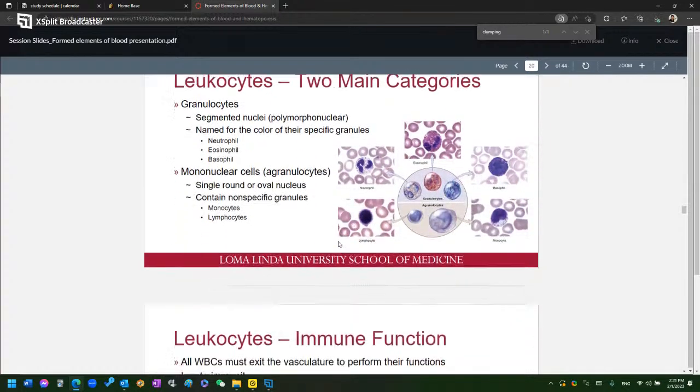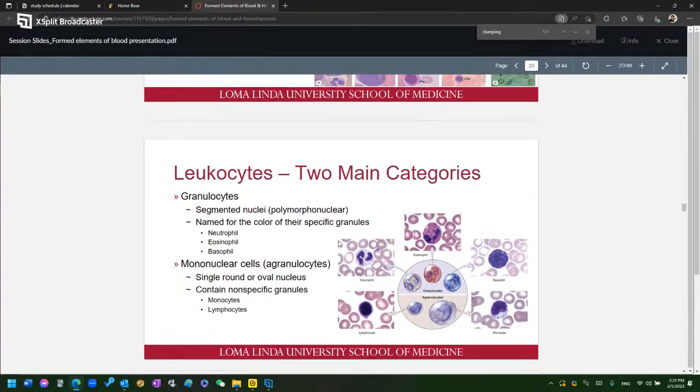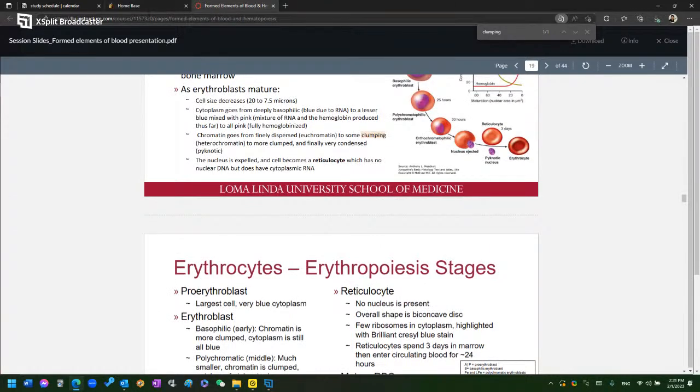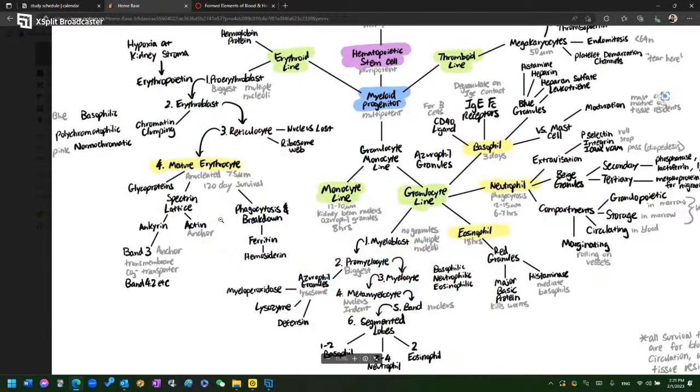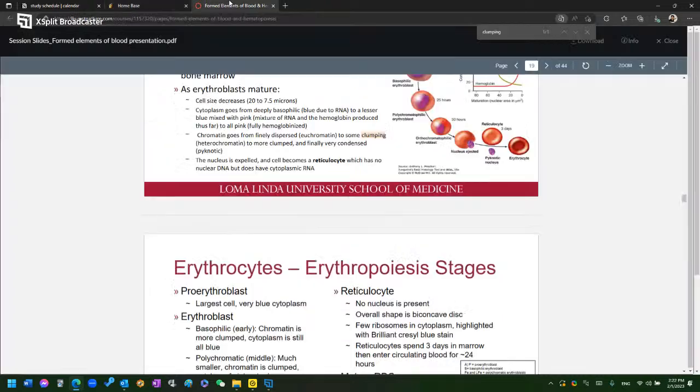It's big, blue, nucleated, not really easy to see. I'm trying to find right now the spectrin lattice.